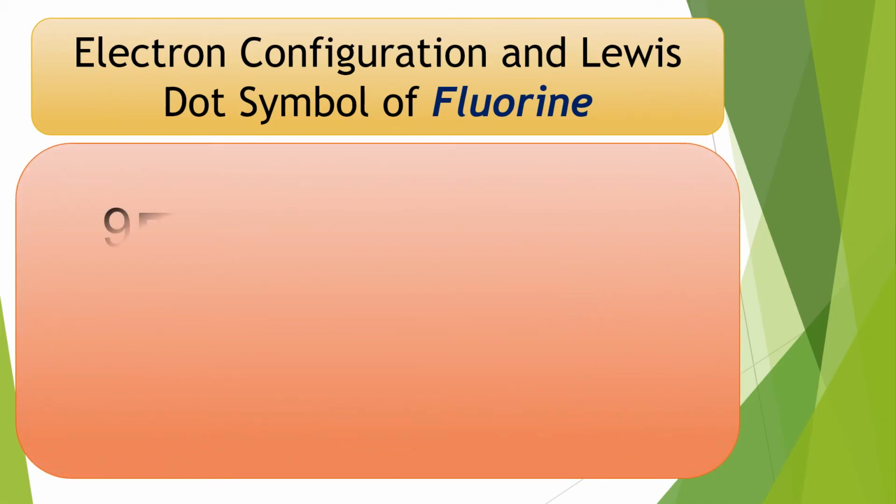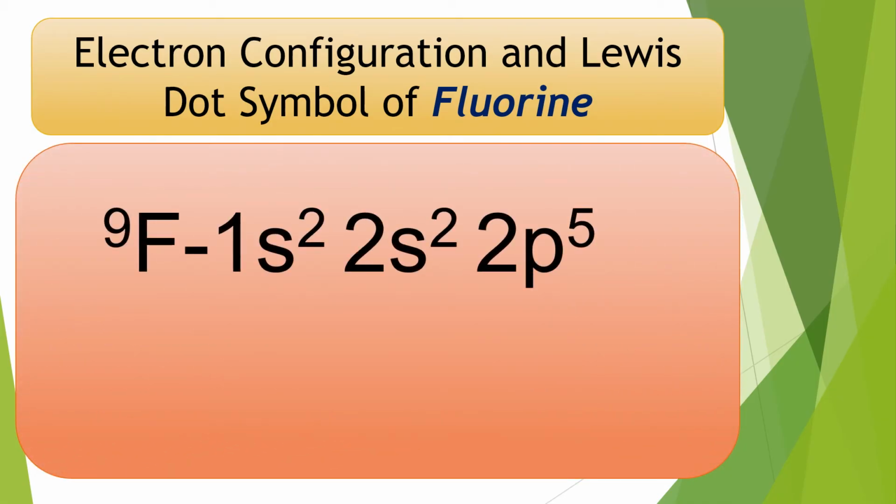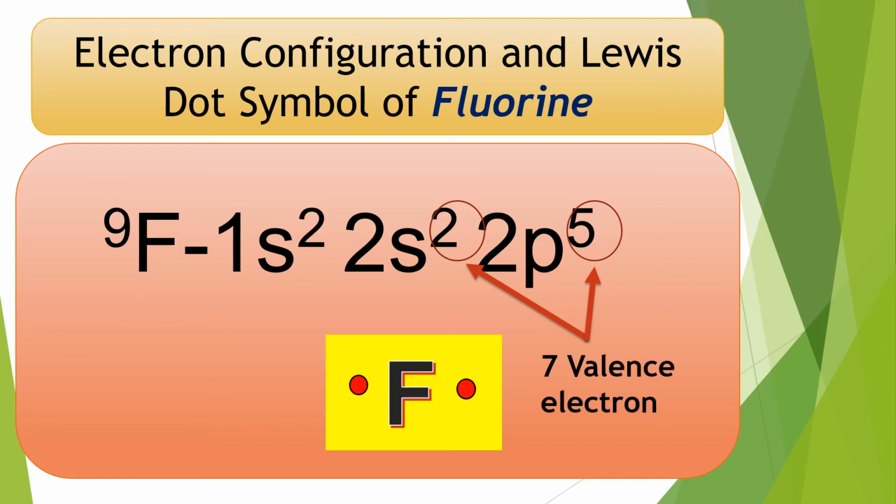And next is fluorine, family 7, so 7 valence electrons. So it has 7 dots.